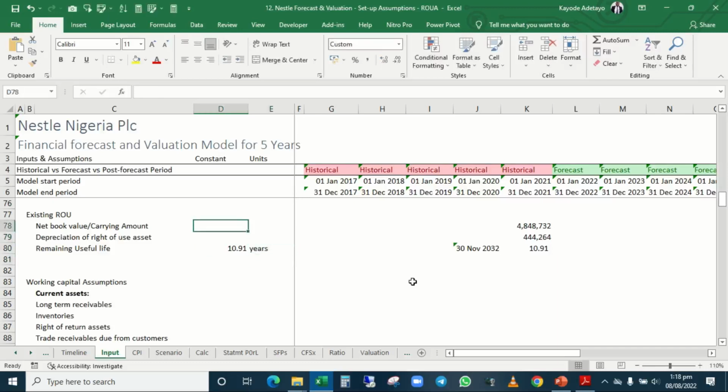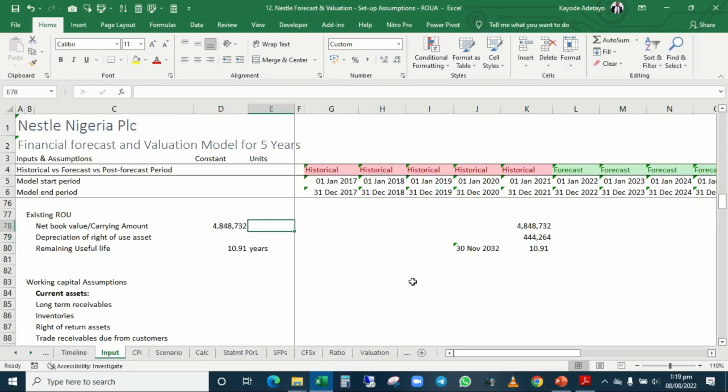Then the value of the asset on the lease, which is this. So it's better I come here, and this one is this. So this is what I need. I use this to compute this.